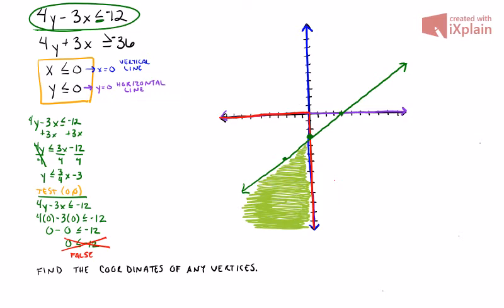I could have continued to shade the green over into the fourth and a little bit on the first quadrant, but that's not where any of my answers are ultimately going to be, and my goal right now is to not overwhelm my eye with too much color. So now I'm going to go ahead and move on to my second inequality. So we have 4y plus 3x is greater than or equal to negative 36. You know what I'm about to do. I'm going to get this into slope-intercept form.